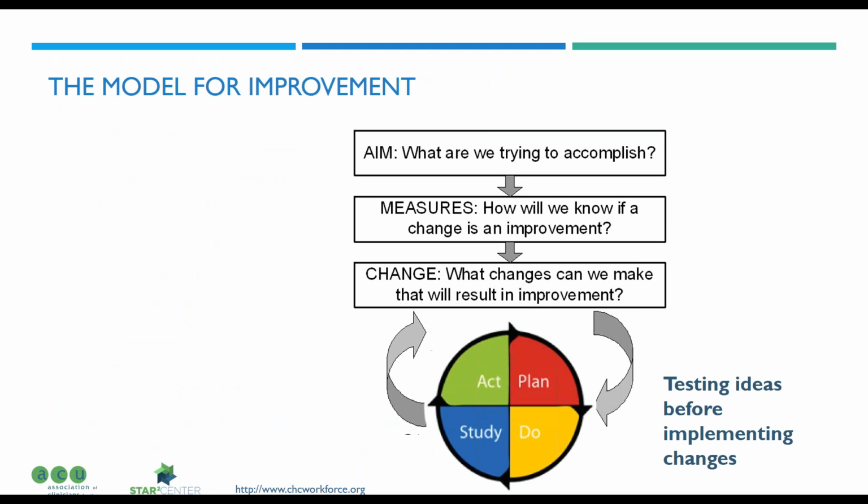I'm going through this slide, the model for improvement, because it's really important to note that this retention and recruitment plan fits in very well with the Institute for Healthcare Improvement's model for improvement. So you've probably heard of the PDSA cycles, which is plan, do, study, act. We're going to be focusing on the planning stage with the retention and recruitment plan.